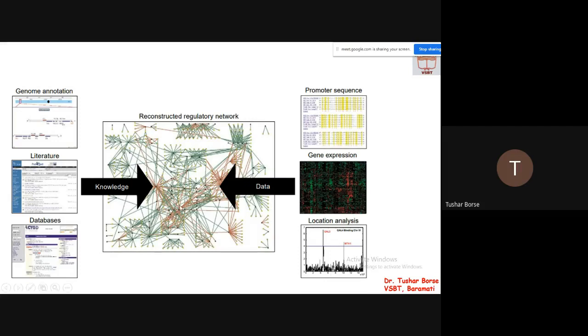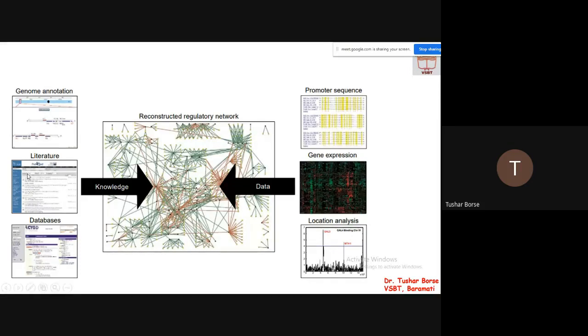You can see here that based on our knowledge and based upon the data you get, having the information from both these things, that is knowledge and data, you can develop your regulatory network. So what kind of knowledge should you have? That is the genome annotation, which is available nowadays. There are many systems whose genome is now available, and if your genome is available, you can have that genome annotated.